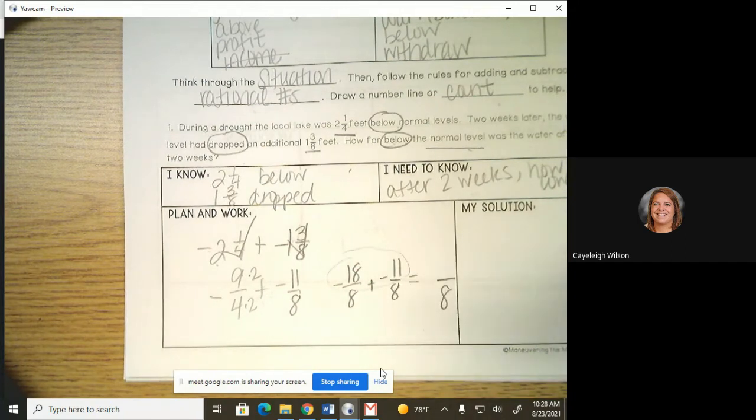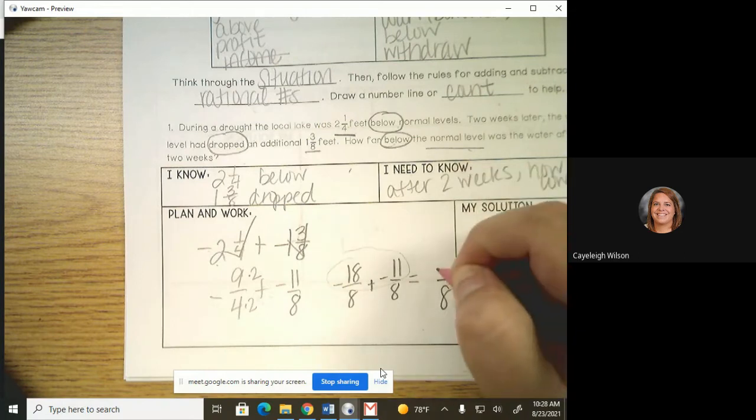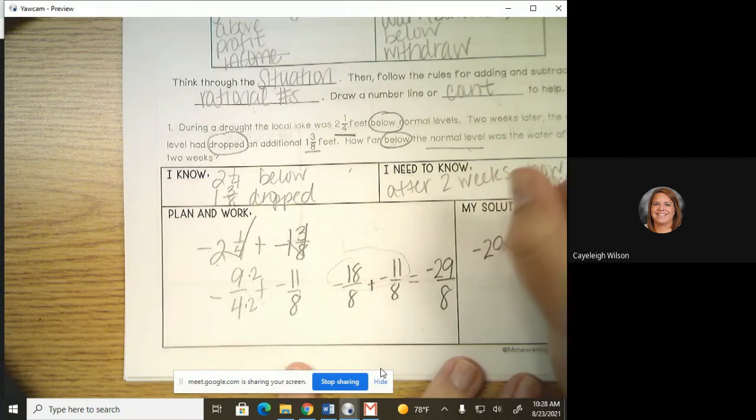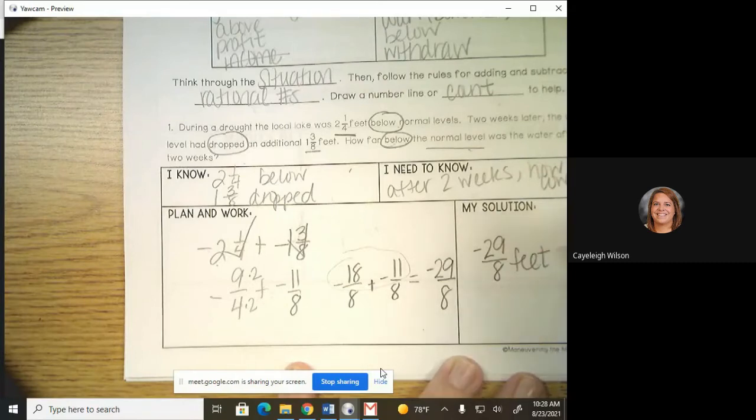So negative 18 plus negative 11, that's negative 29 eighths. So I know that my answer is that it dropped negative 29 over 8 feet in that 2 weeks. And like I said, you can leave the answer as improper. I'm totally fine with that.